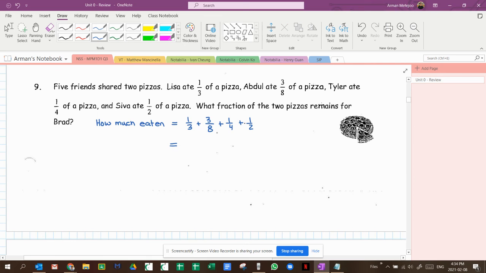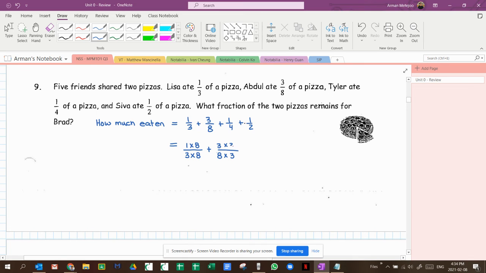I just have to figure out how to write them with 24 on the bottom. For the first one, we said if I take 3, multiply it by 8, that'll give me 24. What I do to the bottom, I also have to do to the top for this one. For my next one, I have 3 on top, 8 on the bottom, and I want to get 24 on the bottom, so I multiply the bottom by 3.